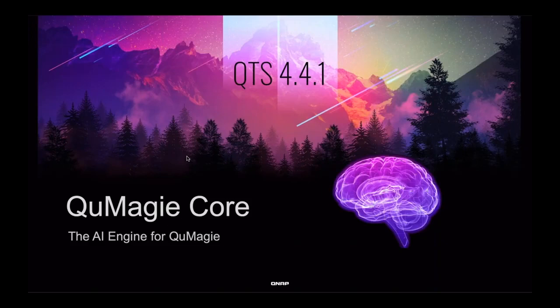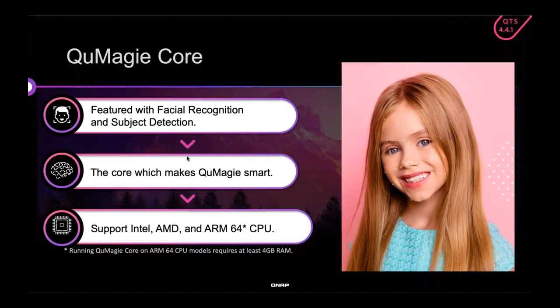QuMagie Core is the AI engine that QuMagie uses. QuMagie Core has face recognition and subject detection. QuMagie Core supports Intel, AMD, and 64-bit ARM CPUs, but you should probably have at least 4 gigs of RAM.